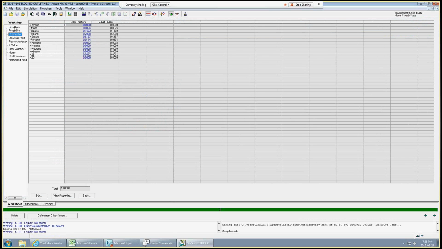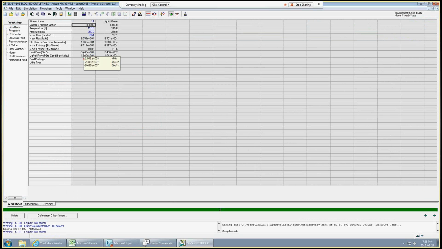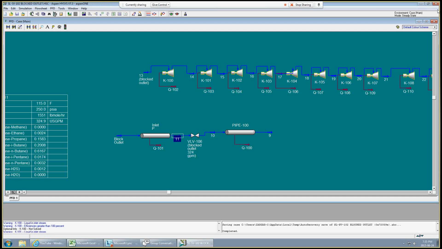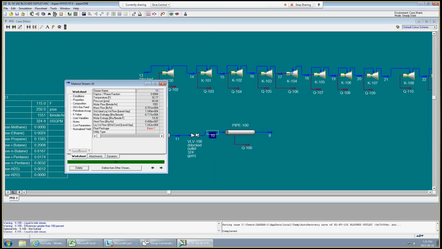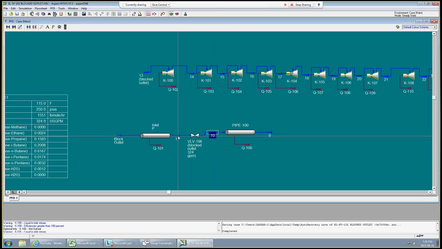And we can check this stream is liquid and molar entropy is 19.06. This is a constant molar entropy through the isentropic flashes. The outlet stream, if we check, is two-phase, and we don't define any of the conditions or properties here. They're all automatically calculated. It means the inlet stream is liquid and it flashes as it goes through the PSV.